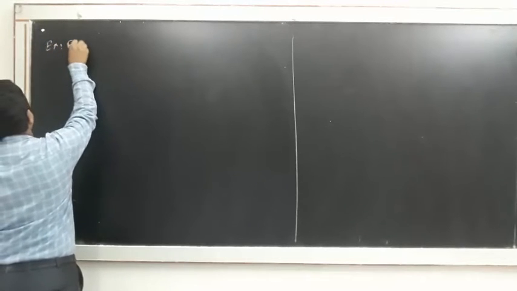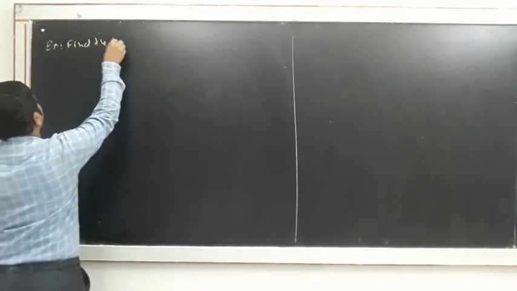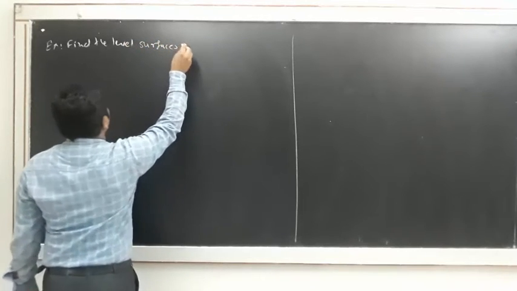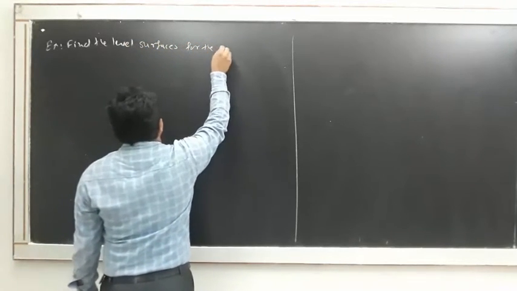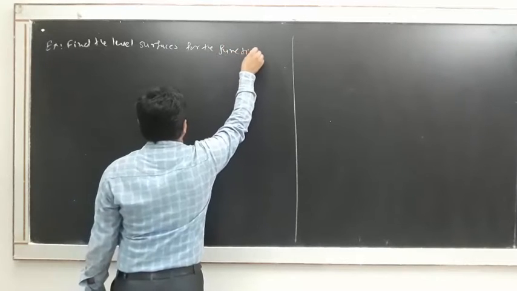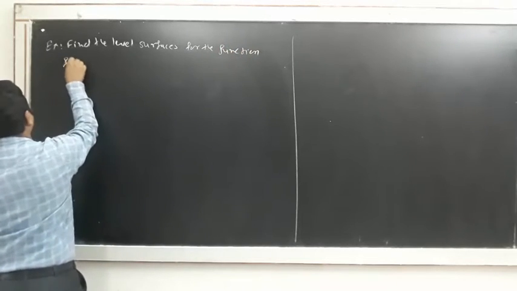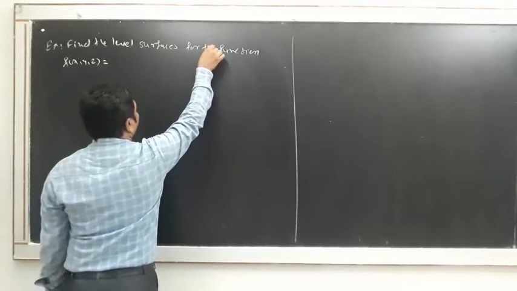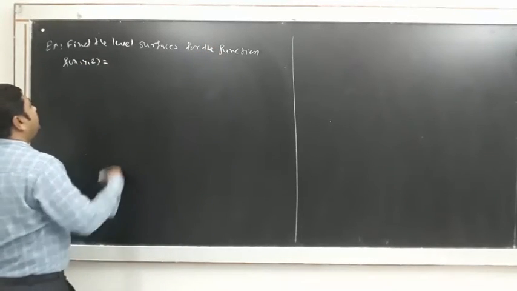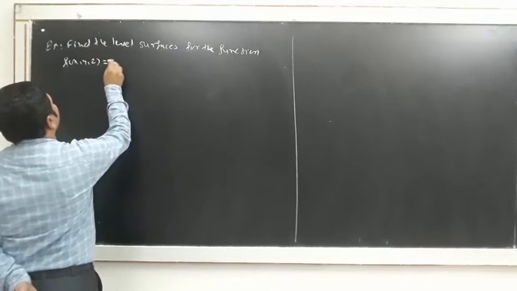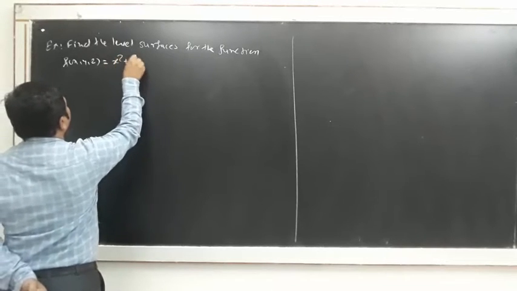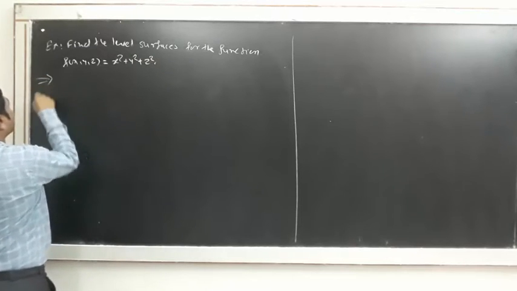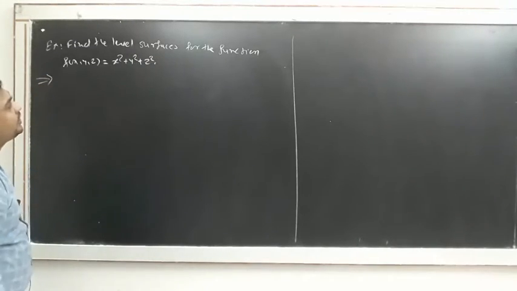Example: find the level surfaces for the function f(x, y, z) = x² + y² + z². So what we have to find? We have to find the level surfaces.